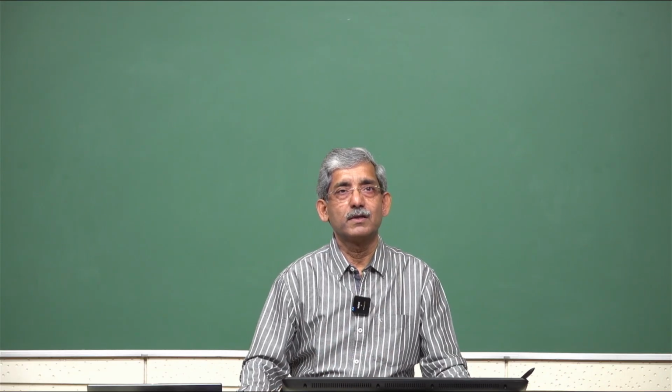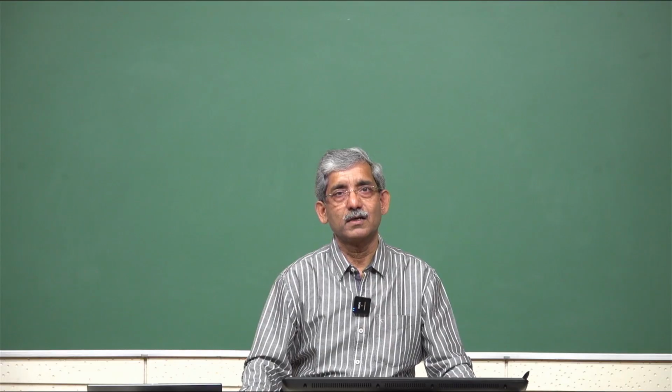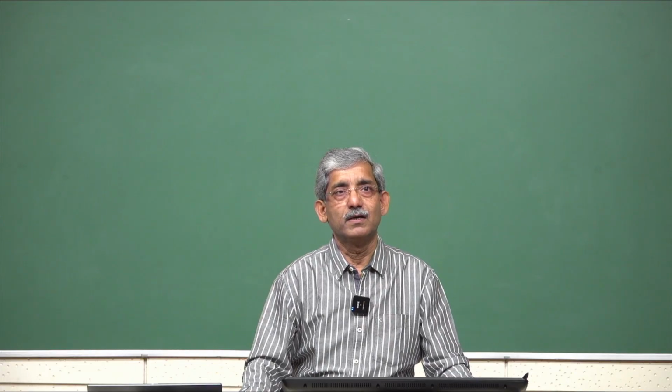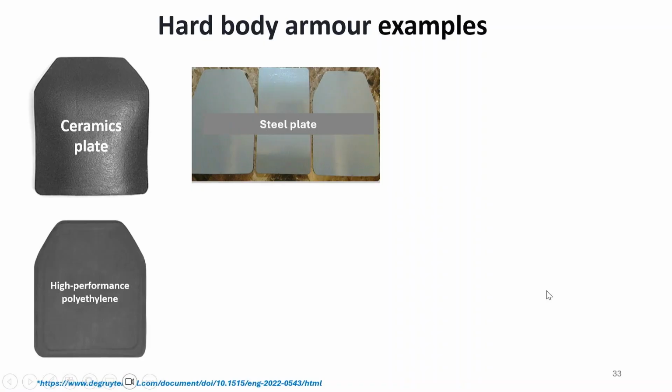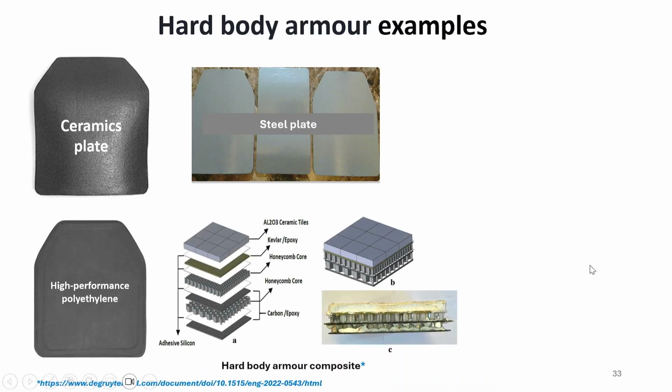As we discussed in the last class, we can use ceramic plate, steel plate, high performance polyethylene, or textile as a composite material here. So, we can use it in a composite way.